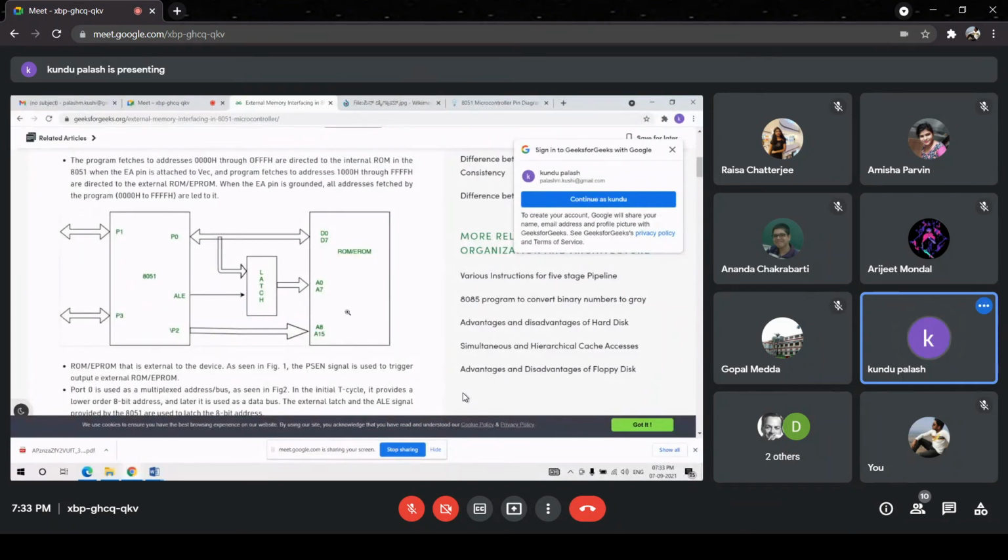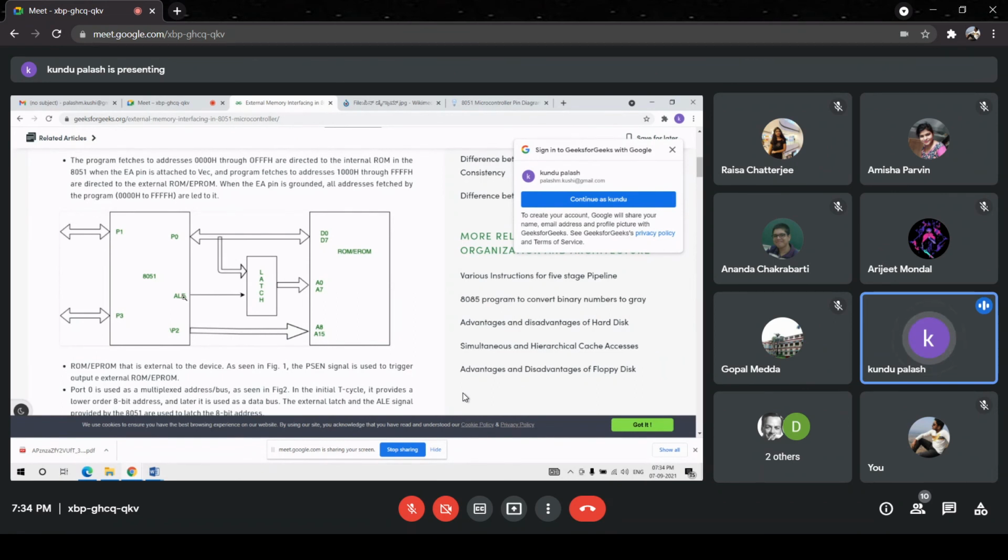Functional diagram. So external program memory of 64 kilobytes can be connected like this. The 16 lines which are available for this memory size, 64 kilobytes, should be connected to the 8051 externally, one via latch, another directly connected from the P2 port.